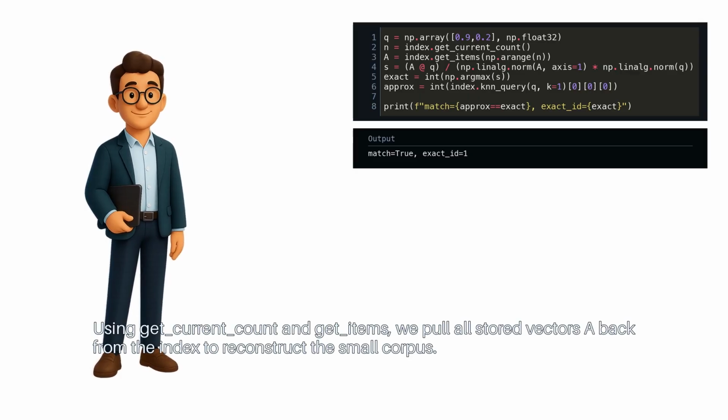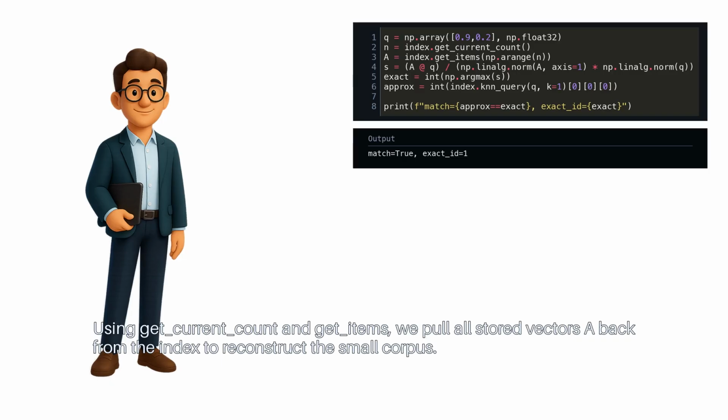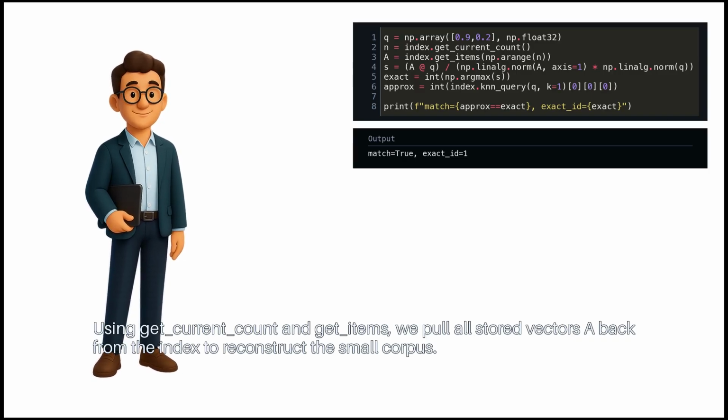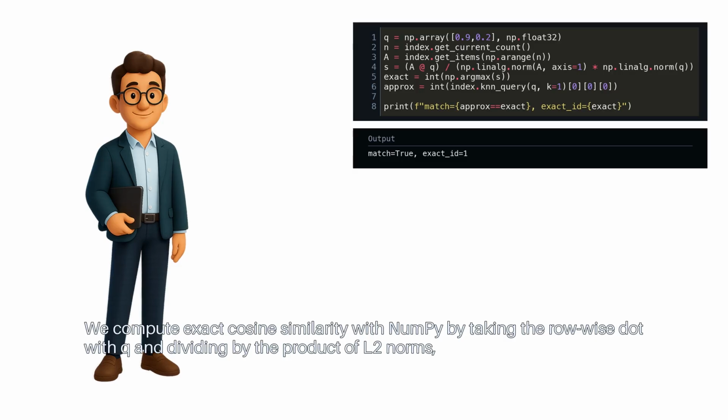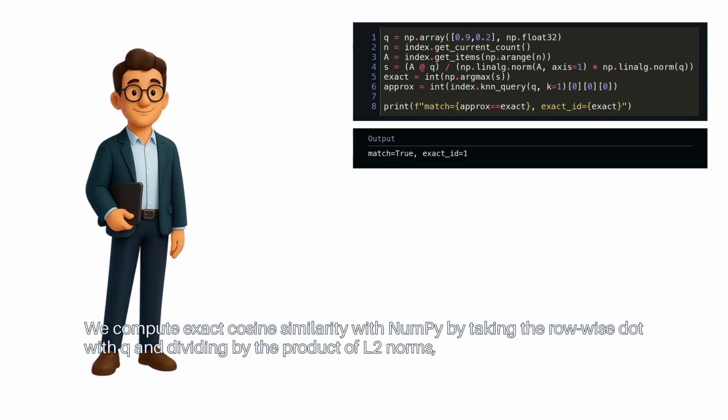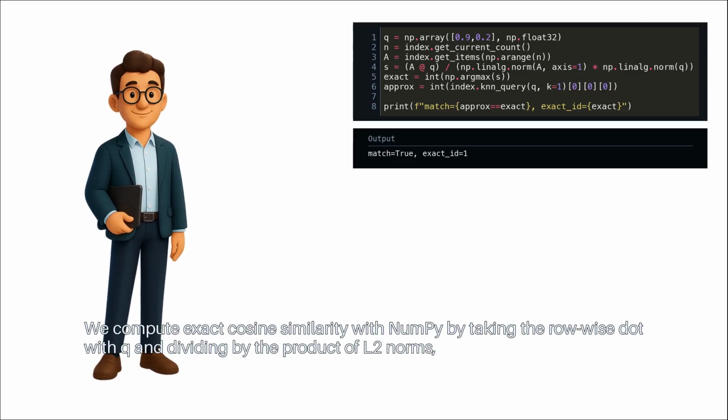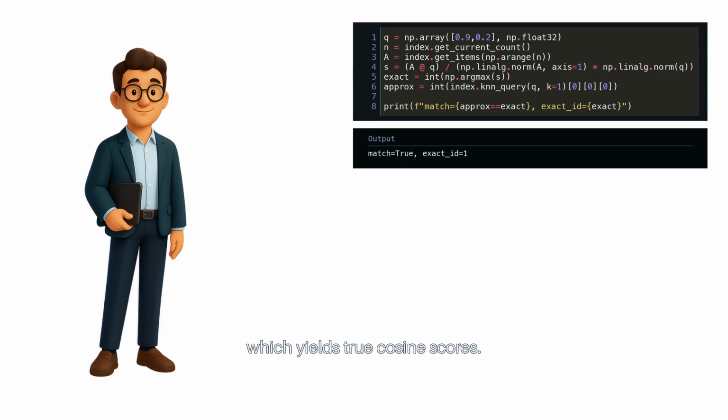Using get_current_count and get_items, we pull all stored vectors A back from the index to reconstruct the small corpus. We compute exact cosine similarity with NumPy by taking the row-wise dot with q and dividing by the product of L2 norms, which yields true cosine scores.